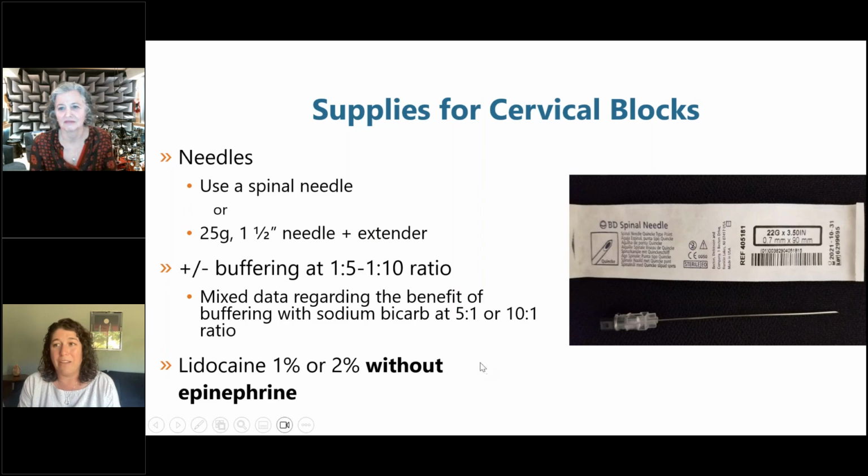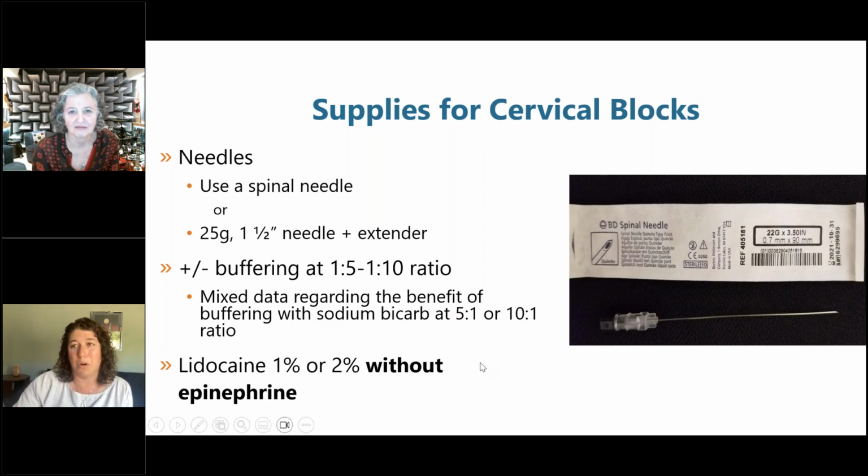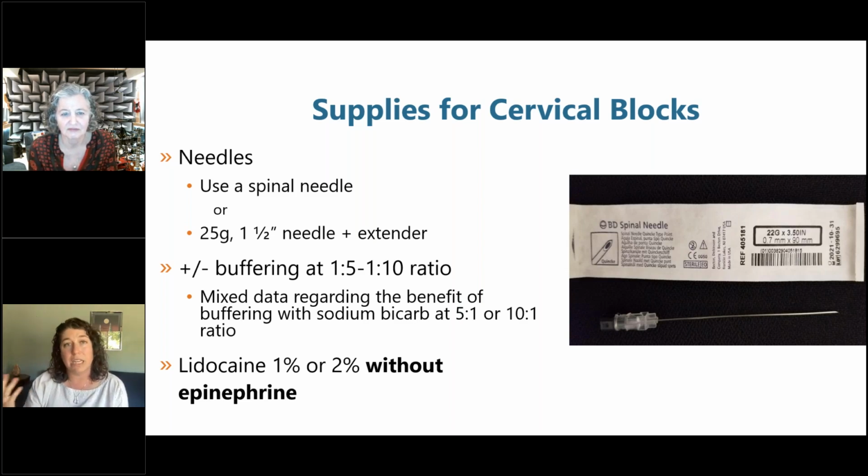So what you have access to is going to be the most important thing. As far as supplies go, you want either a spinal needle or a 25 gauge 1.5 inch needle with an extender, because you need to get to the cervix. Depending on what you have access to, either one is acceptable.